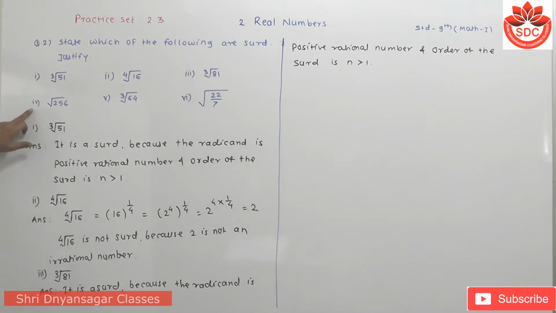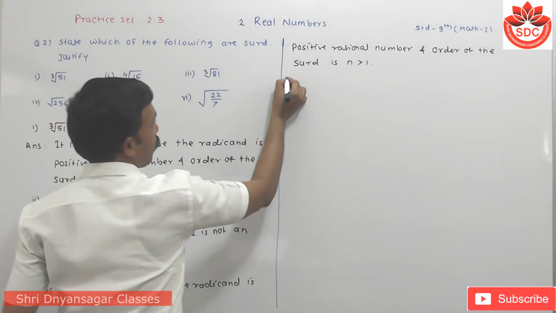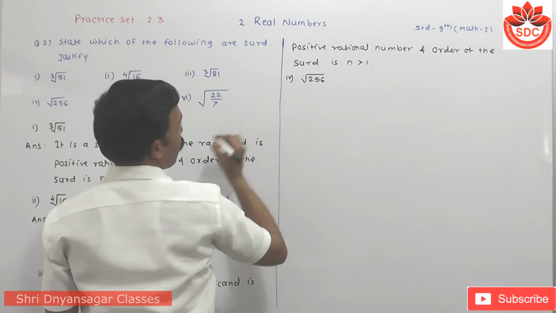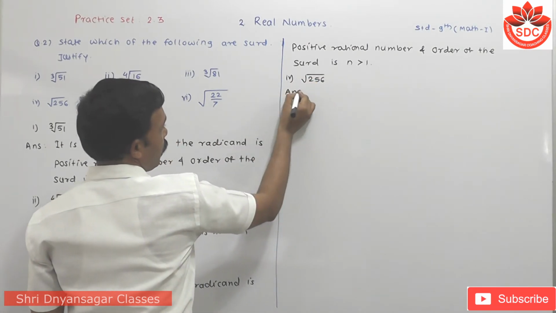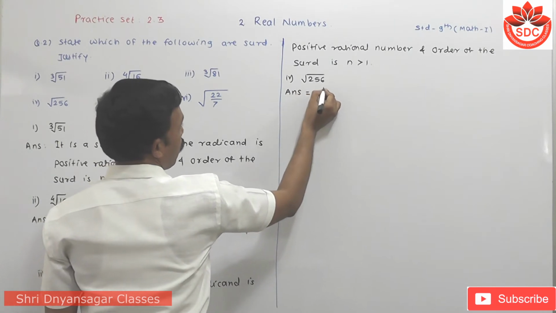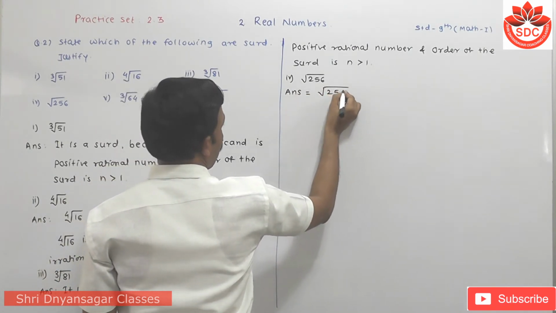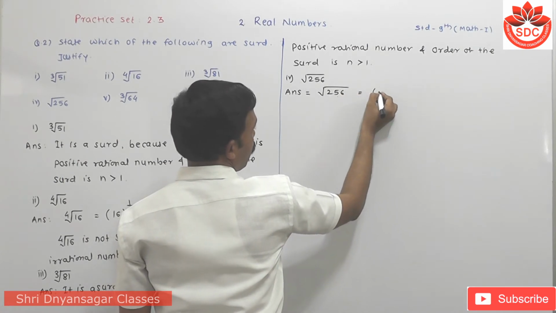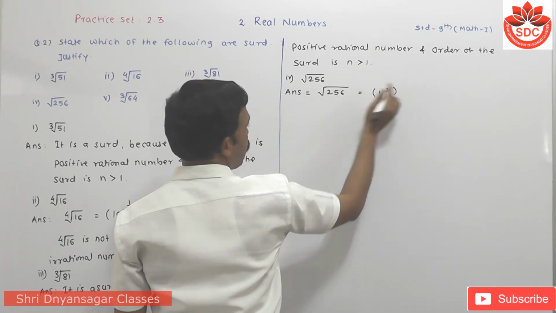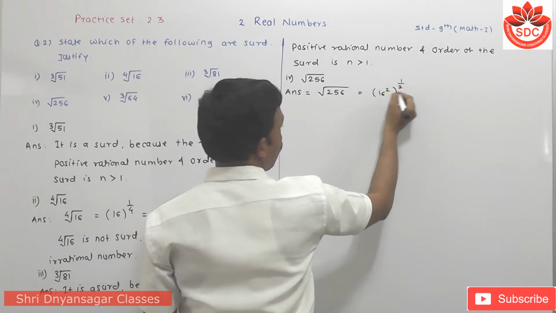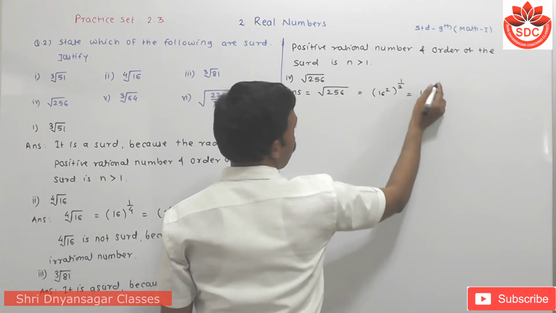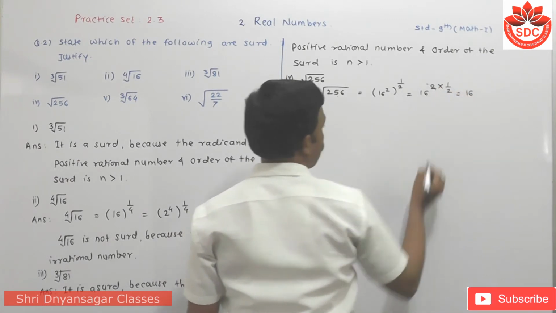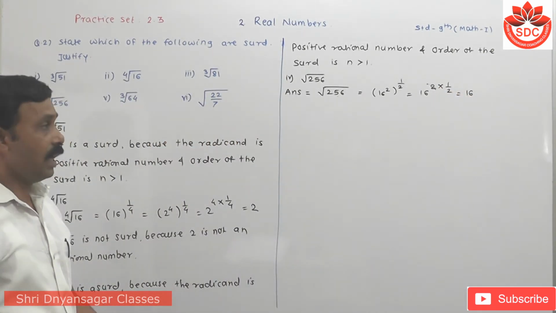Then the next one is the square root of 256. Students, when we solve this, we get that it is the square of 16. So I write 16 squared, and the radical sign becomes 1 upon 2. Again I write 16 raised to 2 into 1 upon 2, which is 16, a rational number.